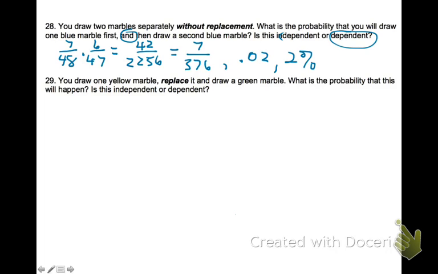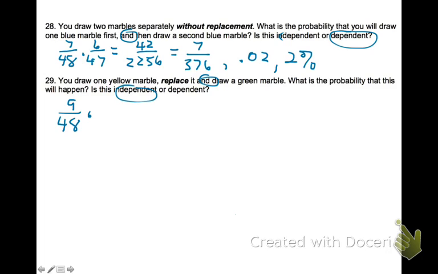Now 29, we draw a yellow marble, replace it, and then draw a green marble. What's the probability that this will happen? Is it independent or dependent? Now this one's independent because we are replacing. So the first does not affect the second. So we have 9 yellow marbles out of 48.